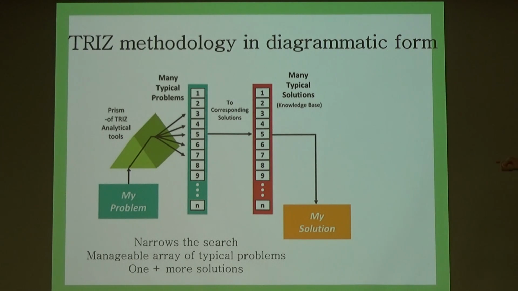And then you match those up, so the problem to the solution, and then you get that grand solution at the end. So what it does, it narrows the search of all the solutions in biology. It makes it manageable so that you can get to a focused solution to the problem.